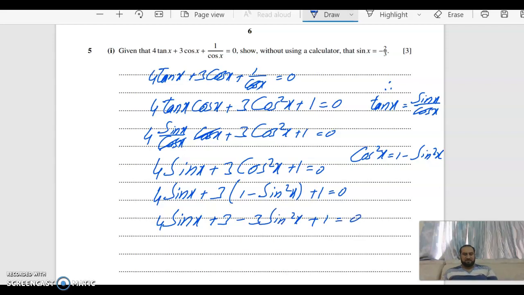Then if we rearrange this, we get negative 3 sine square x plus 4 sine x plus 4 is equal to 0.